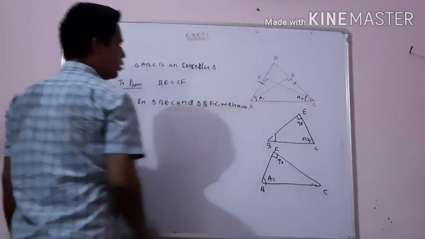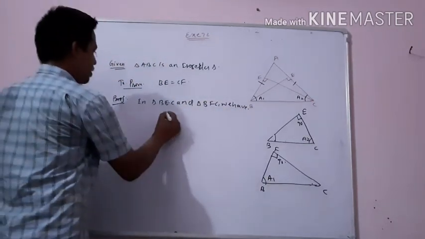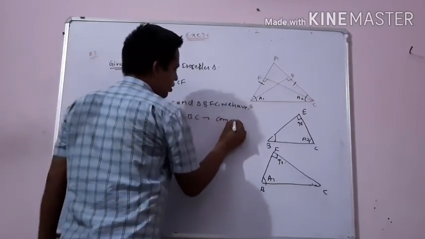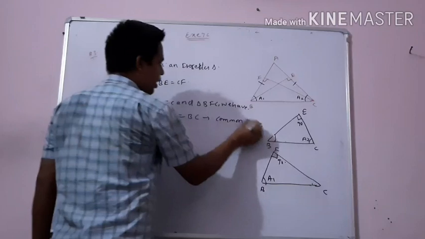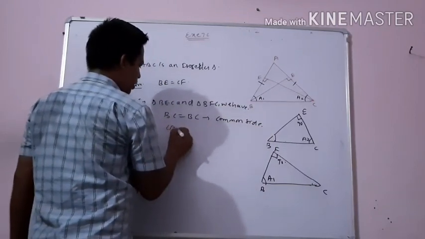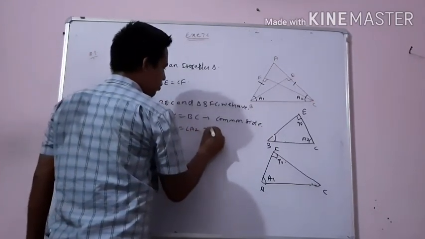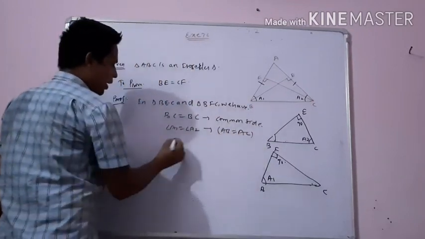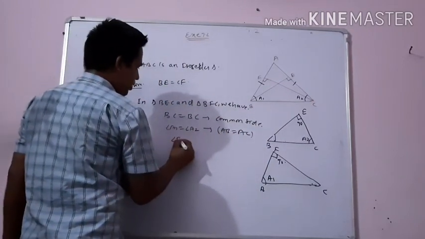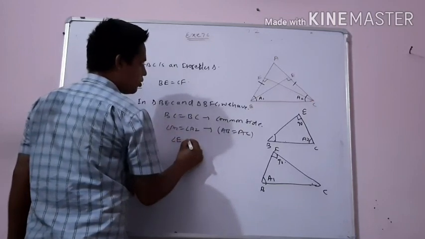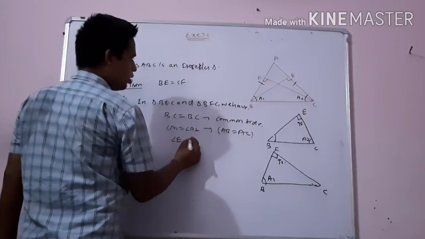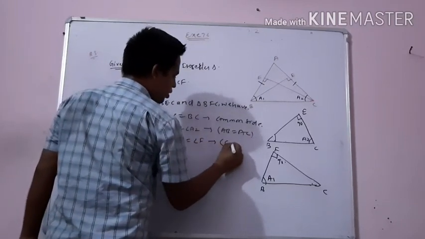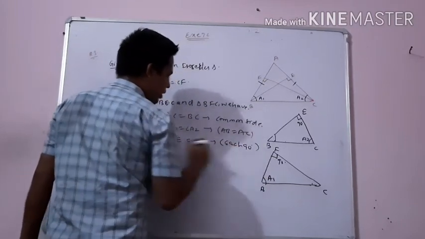First, BC equals BC, common side, and angle A1 equals angle A2. Why? Because AB equals AC. And angle E equals angle F, each 90 degrees.